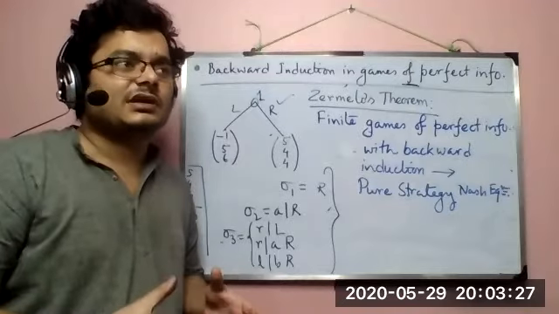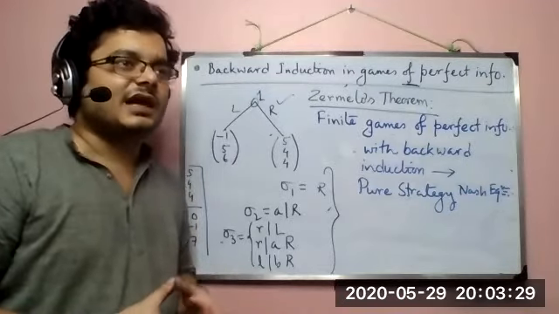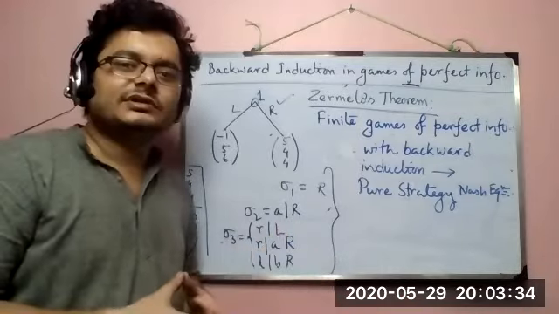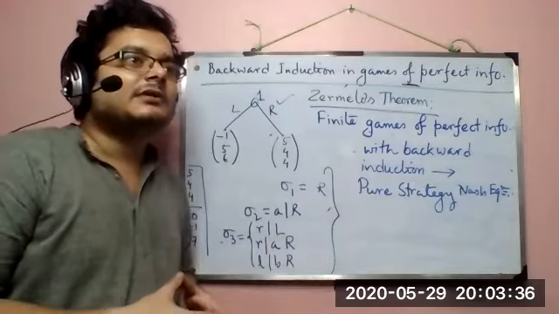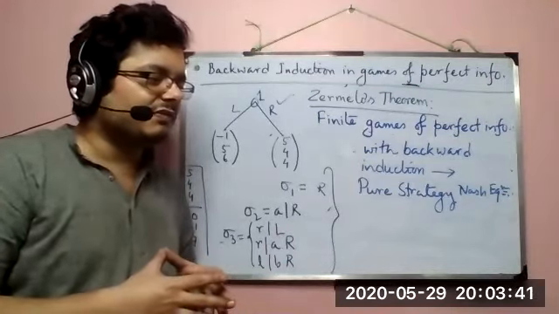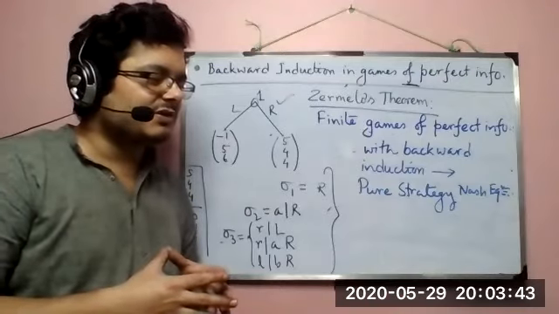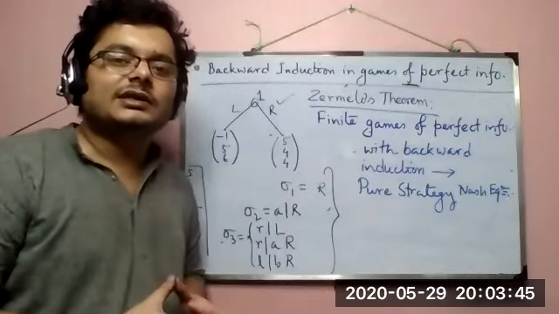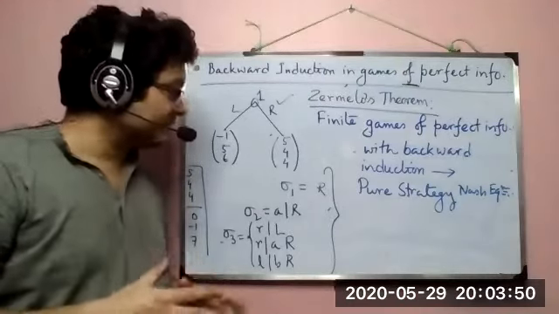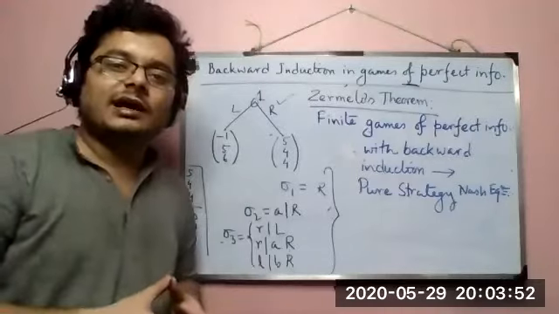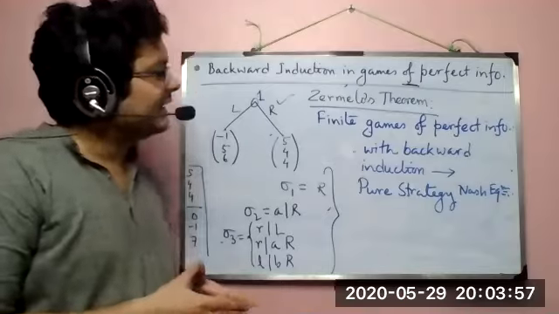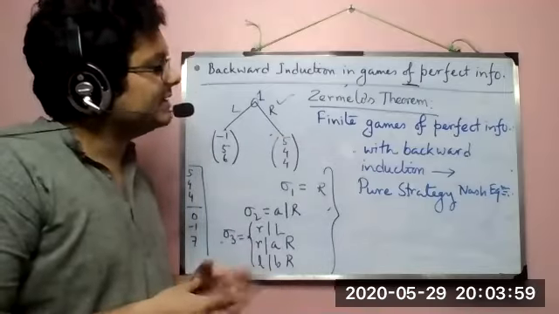So you'll always be able to find which strategy gives more, because that ordering will always hold. There will be a natural ordering. So it doesn't matter how many single person decision problems you are solving. The important point is that you will always end up with a solution, and as long as that holds because of this natural ordering of payoffs, you will end up with a pure strategy Nash equilibrium. And this is the simple thing that Zermelo's theorem is essentially saying.